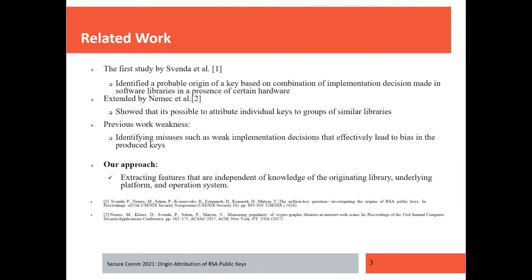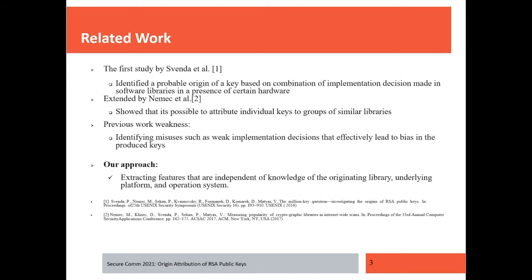The first study in this field was introduced by Svenda in 2016. They identified the probable origin of a key based on a combination of implementation decisions made in software libraries in the presence of a certain hardware. This work was extended by Nemec in 2017. They showed that it's possible to attribute individual keys to a group of similar libraries.